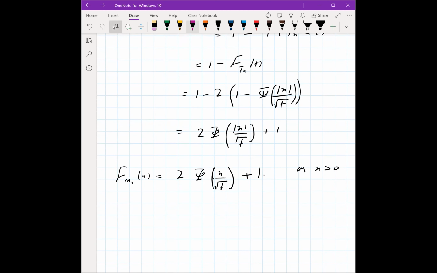So now you can compute the PDF, and you are differentiating with respect to x.